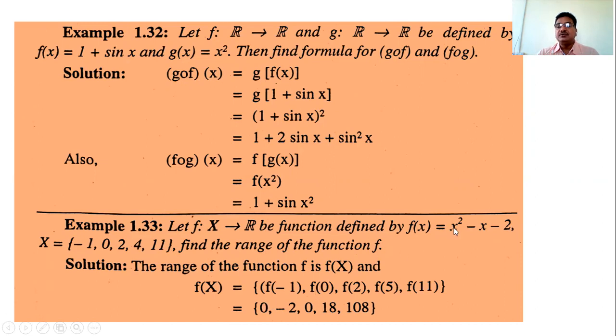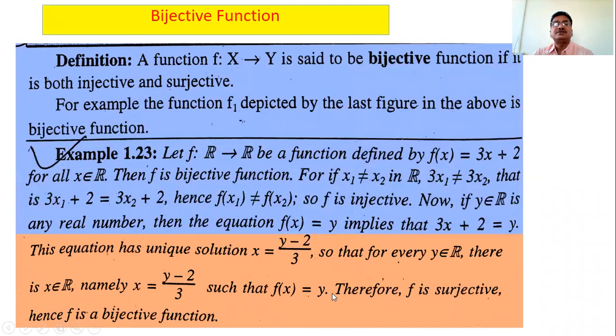Then f of 0: 0 square minus 0 minus 2, answer is -2. Then f of 2 is 0 again, so no need to write the 0 two times. Then the image of 5 is 18, and the image of 11, by substituting x equal to 11, we get 108. This is the range of the function, f(X) or R(f), that is the set of all images.